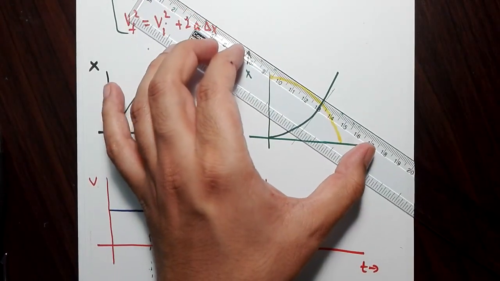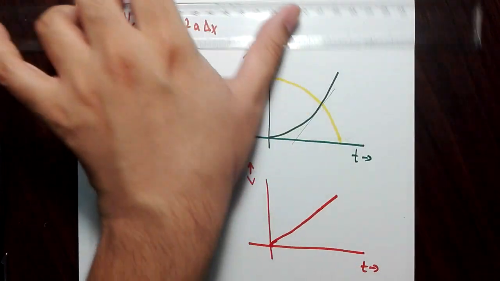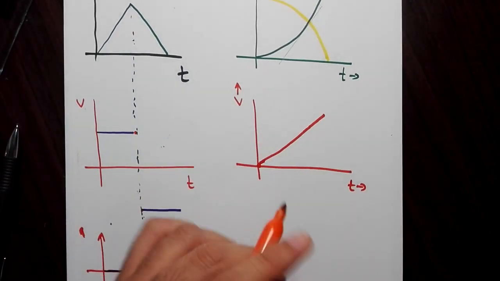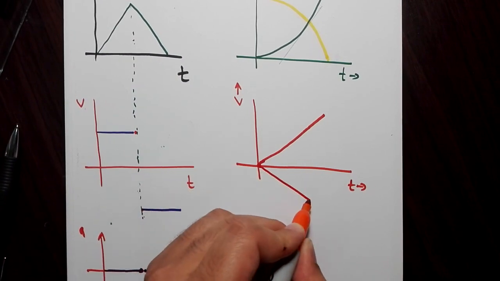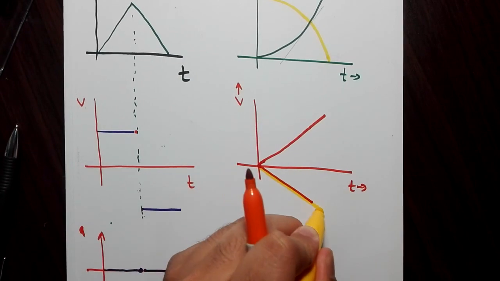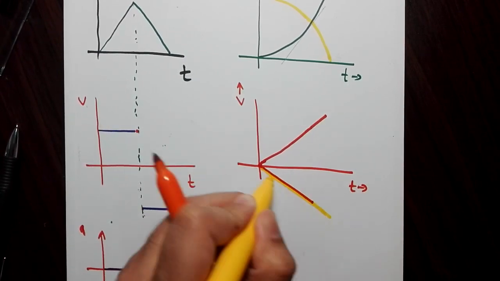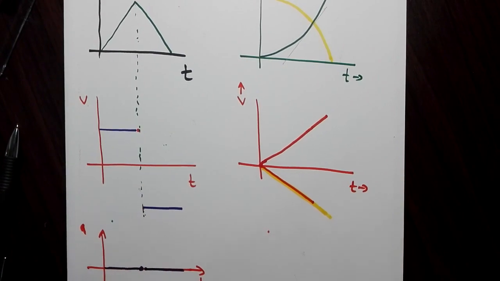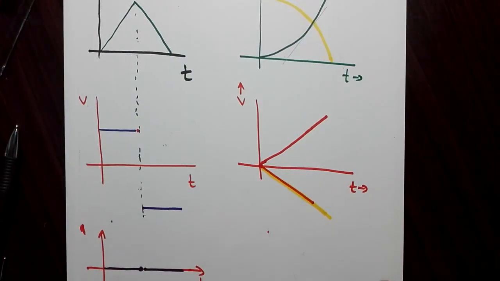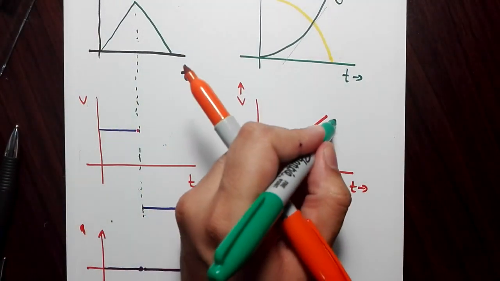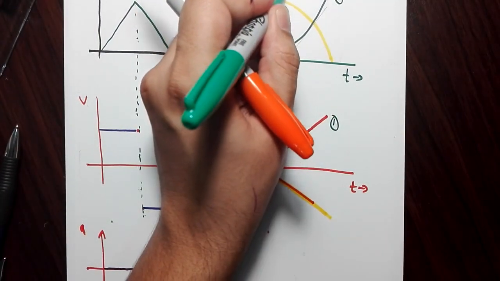So you start with 0 slope, and then it becomes more negative. So the graph for that guy is going to be this line. That's for the yellow graph. This is the green one. Let's call it 1. This is the second one.